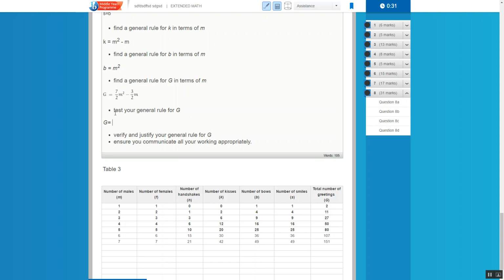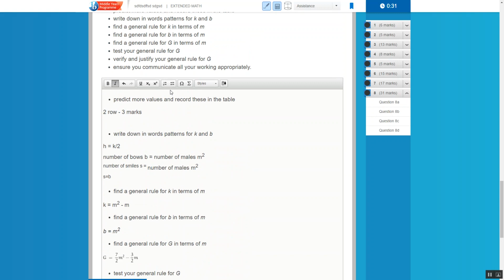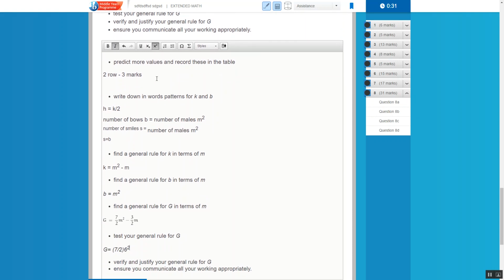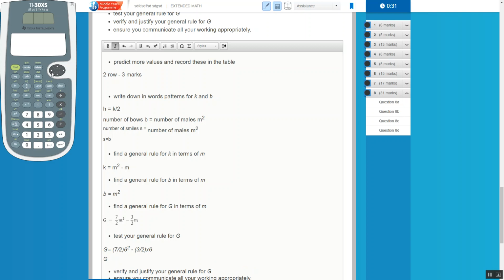So G is equal to 7 over 2 multiplied by 6 squared, and then subtract 3 over 2 multiplied by 6. You can put this all in the calculator. Maybe I should have just done that to start off with. 7 over 2 multiplied by 6 squared is 36.